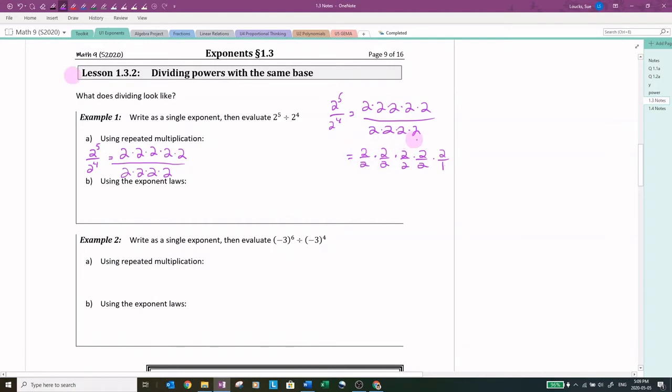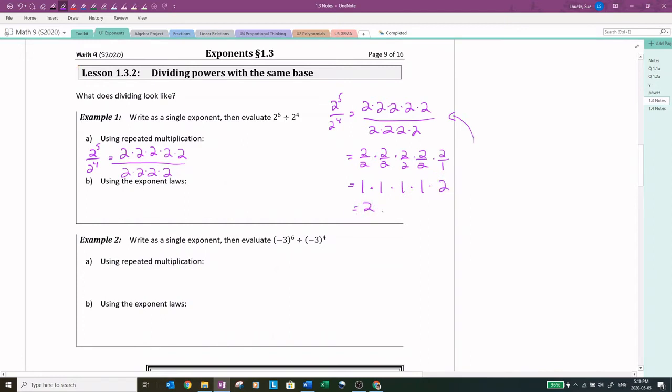Because when you multiply fractions, it's top times top times top times top over bottom times bottom times bottom times bottom. And 2 divided by 2 equals 1. So this becomes 1 times 1 times 1 times 1 times 2, which equals 2.